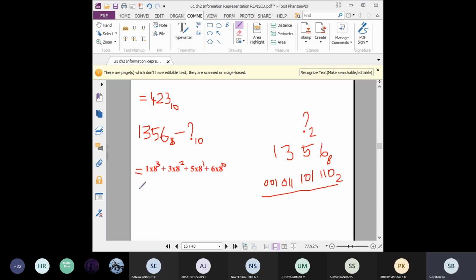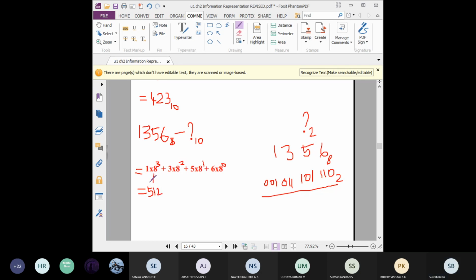That's all. Then you have to write the answer. So 1 into 8 power 3. 8 power 3 means 8 into 64, you will get 512. So the answer here is 512.